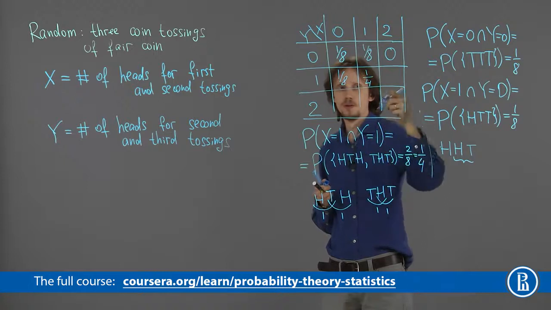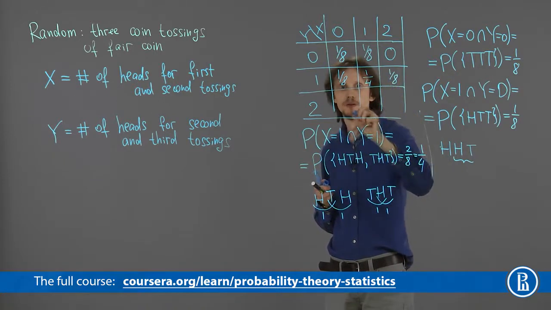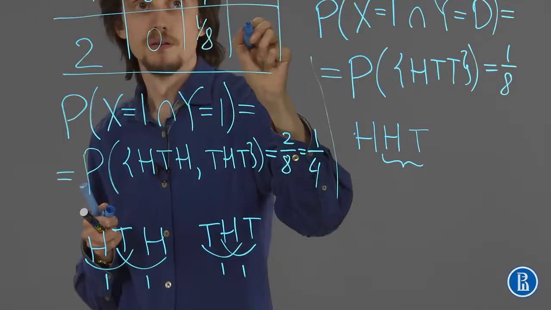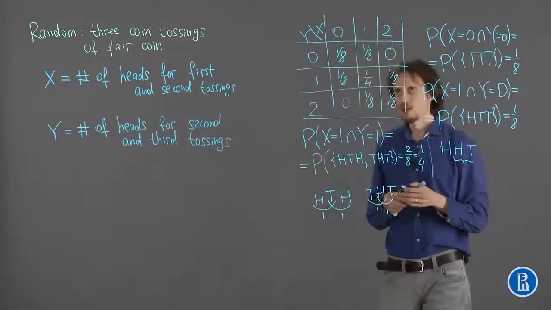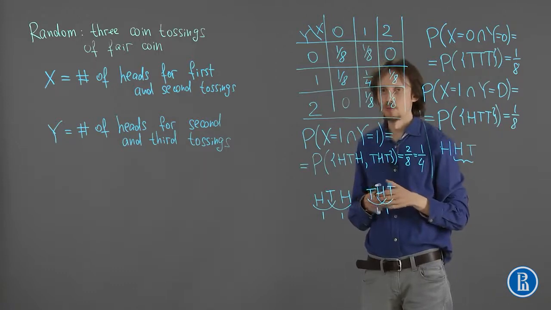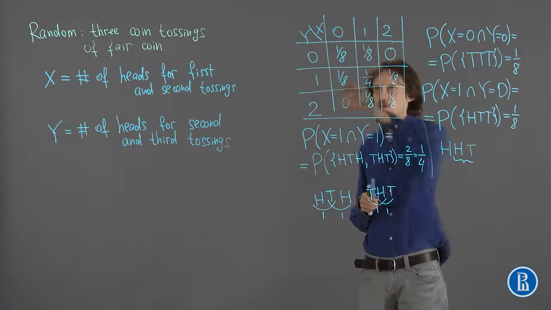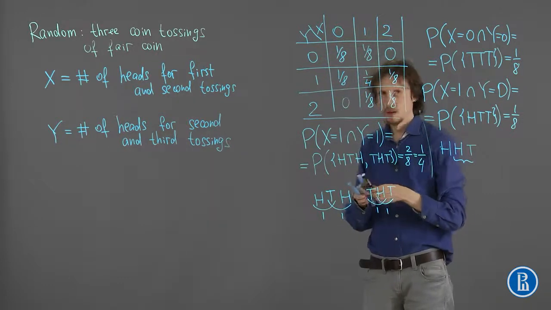In a similar way, we can see that we have 1 over 8 here, 0 here, 1 over 8 here, and 1 over 8 here. To test whether x and y are independent variables, we have to find distributions of x and y alone, marginal distributions.